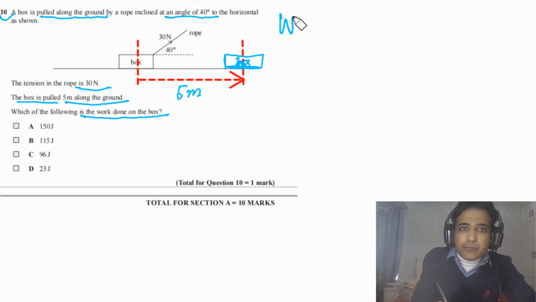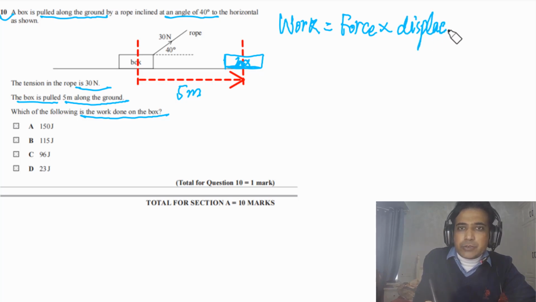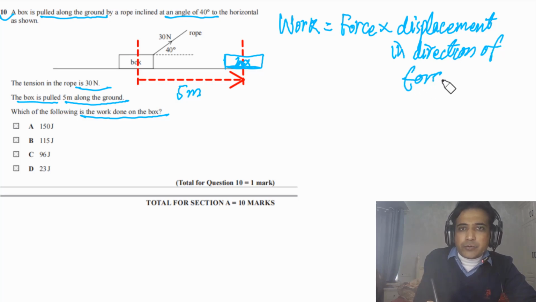Now we need to understand what work done is. Work done is force times displacement in direction of force.